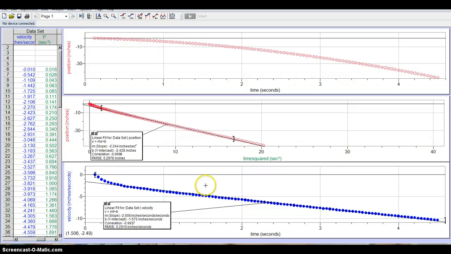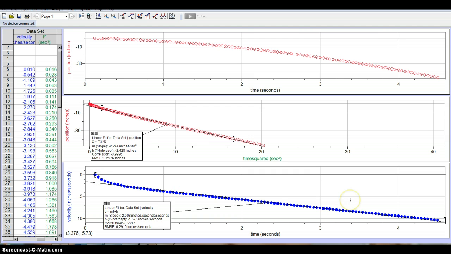Now to look down at this bottom graph, which is our velocity versus time graph, you see that it has a negative slope because it's going down. You know it's speeding up in the negative direction because the magnitudes of the velocities get bigger over time.